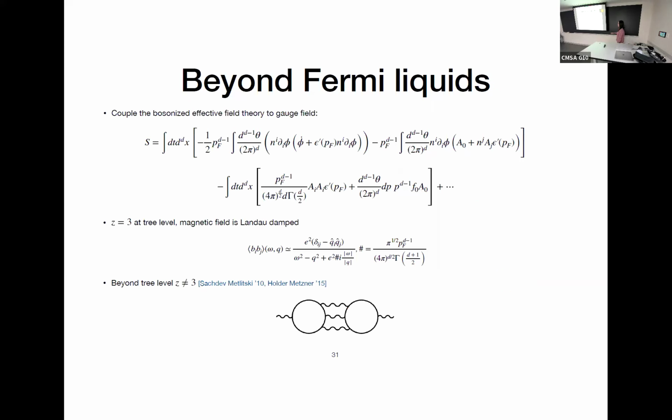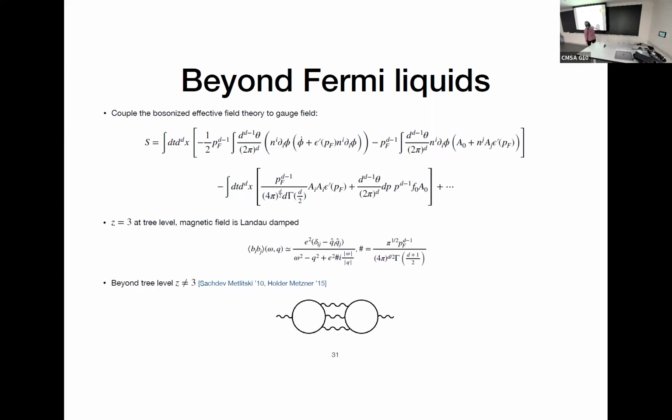Okay, so here I give you some flavor of how we can build the theory beyond the Fermi liquid. For example, this effective field theory action shows how we can couple the bosonized effective field theory action we built previously in arbitrary dimension to the dynamical gauge fields.